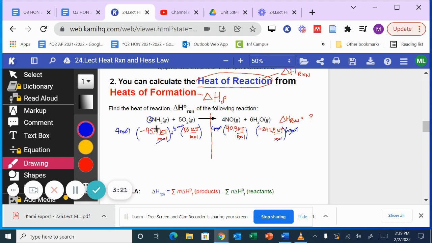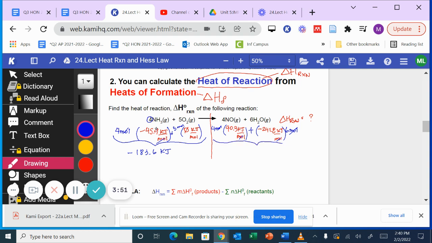So this is negative 183.6 kilojoules to form both of these together. So I add them up. And these, I'm going to add them together as well.